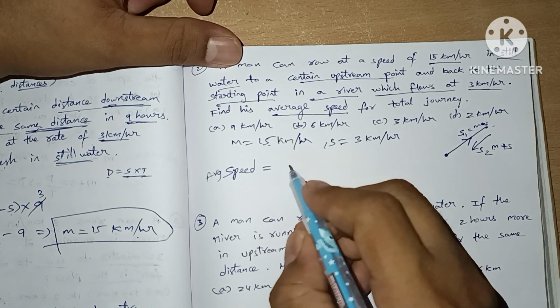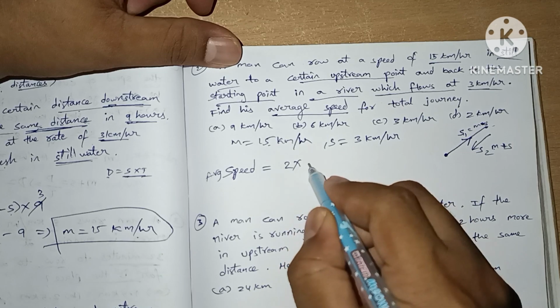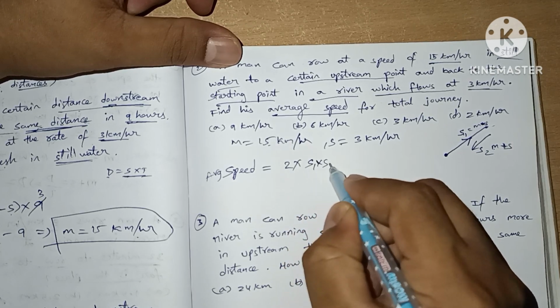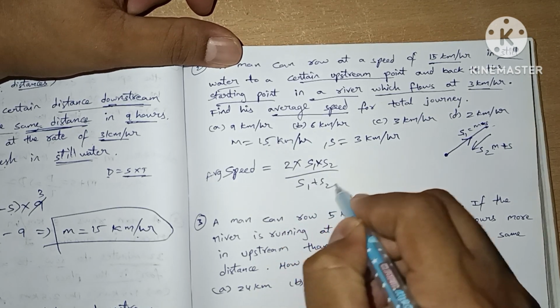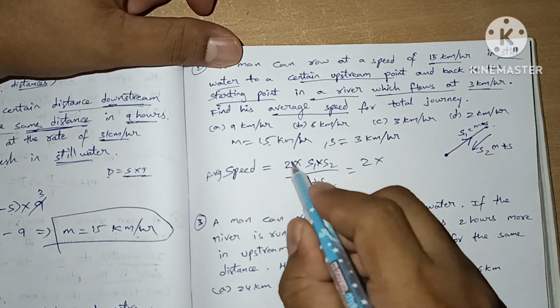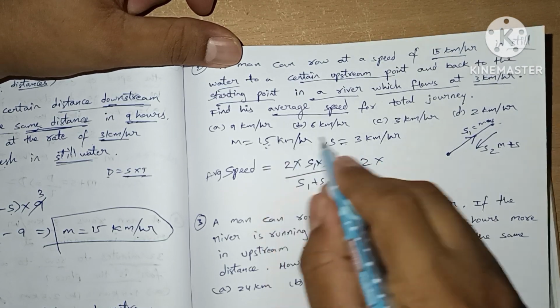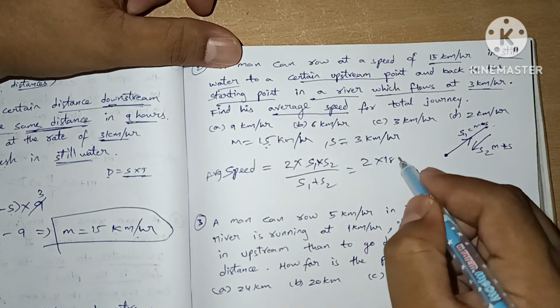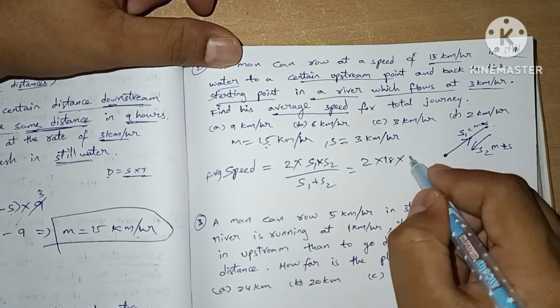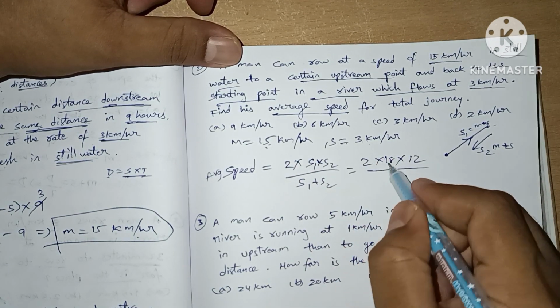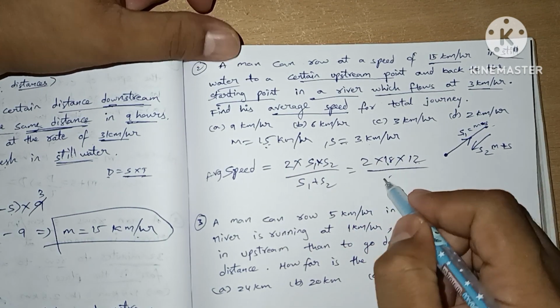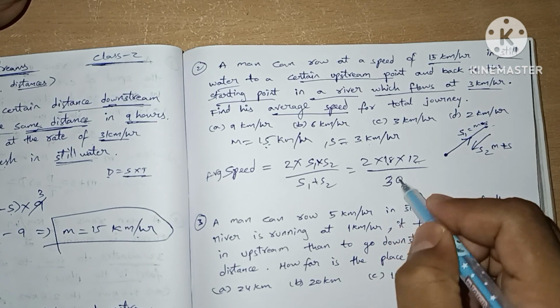So the formula we have is 2 times S1 times S2 divided by S1 plus S2. So what we have is 2 times the sum of these two, which will be 15 plus 3, 18, times the difference between these two, which will be 12, divided by the sum of these two, which will be 18 plus 12, 30.